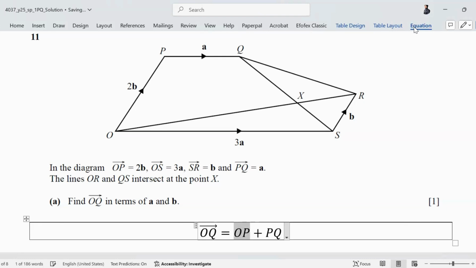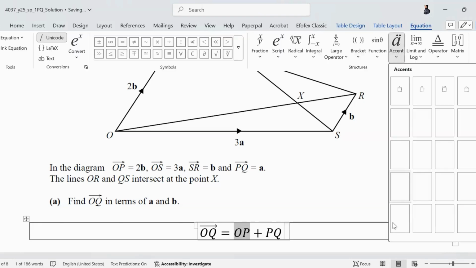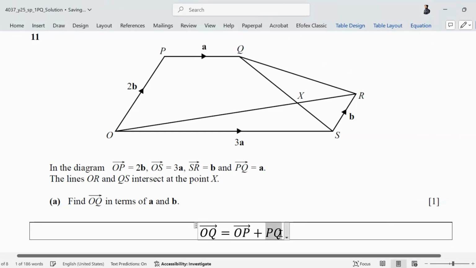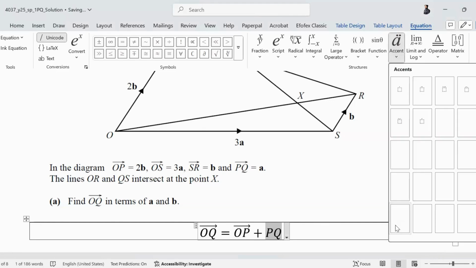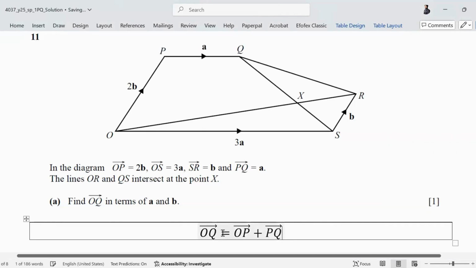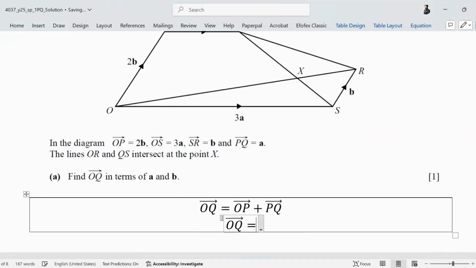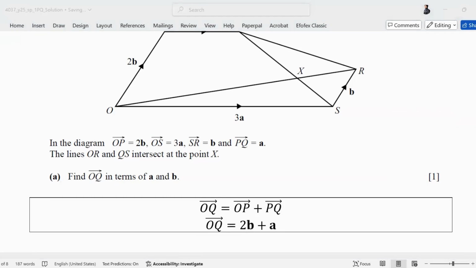OP is 2B and PQ is A. So OQ is 2B plus A, or A plus 2B if you want to write it that way.